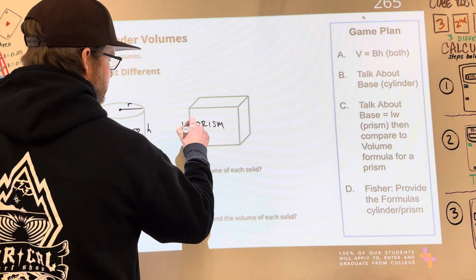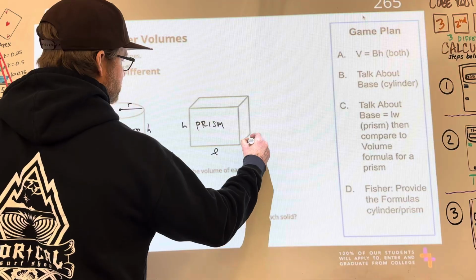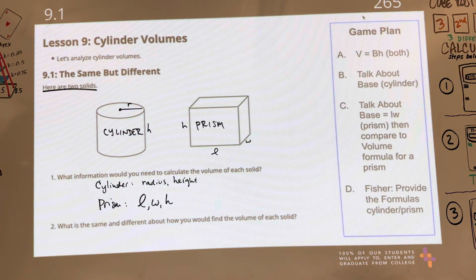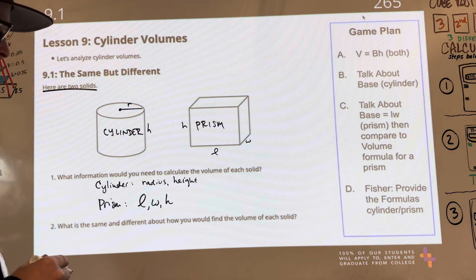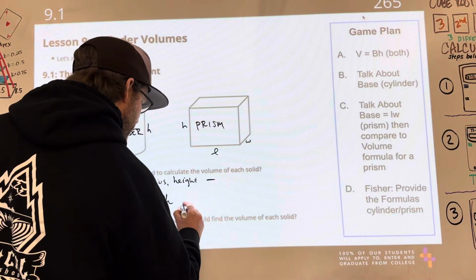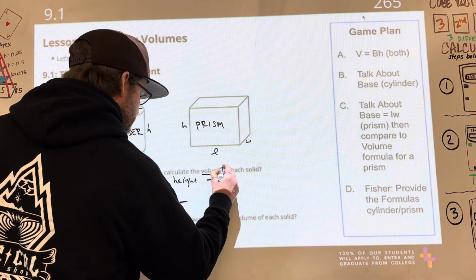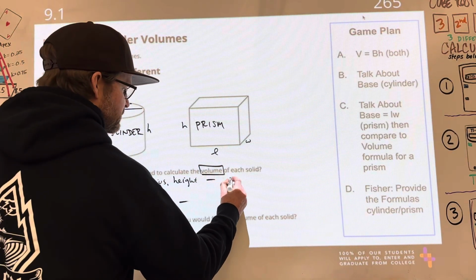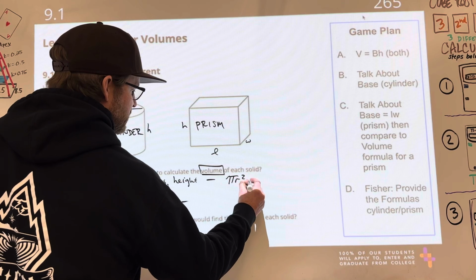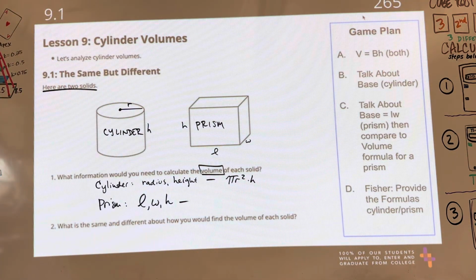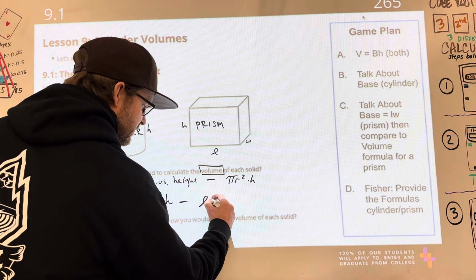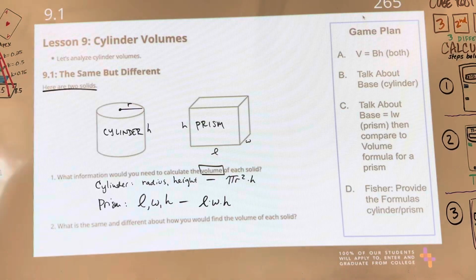Why? Well, because here's your formula for volume. For a cylinder, it's pi r squared times height. And for the prism, it's length times width times height.